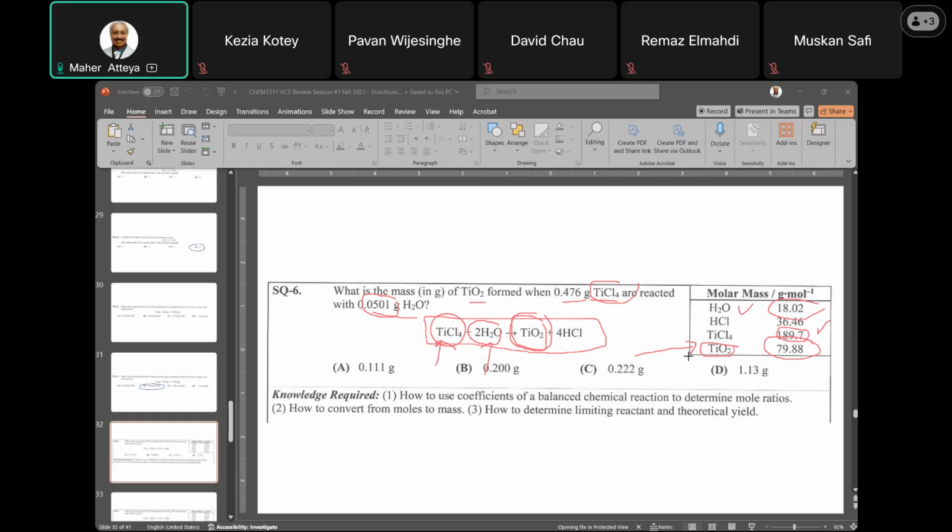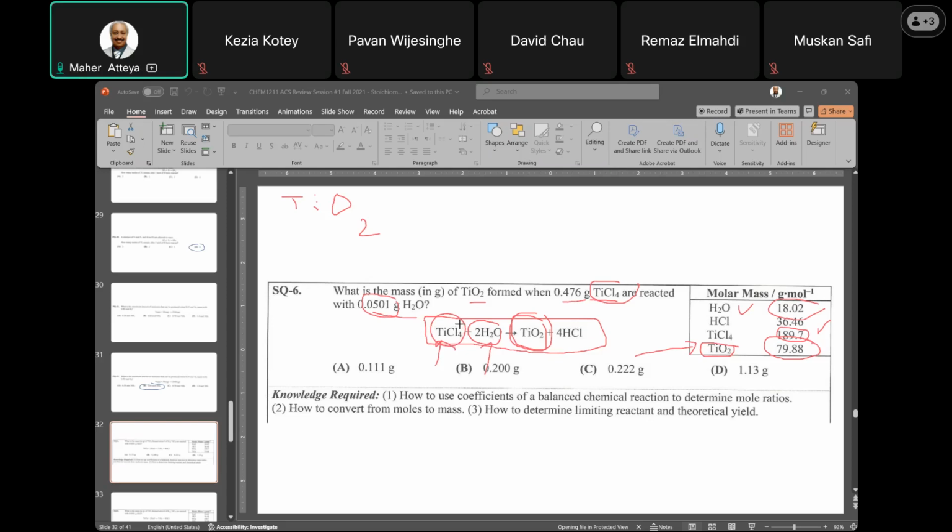So this is your product here, correct? This is your titanium oxide. So this is your product. I want to see the number of moles I'm producing, correct? And then transfer with the help of the molar mass, the number of moles into grams, correct? So let's look at this. You start first with the first one.